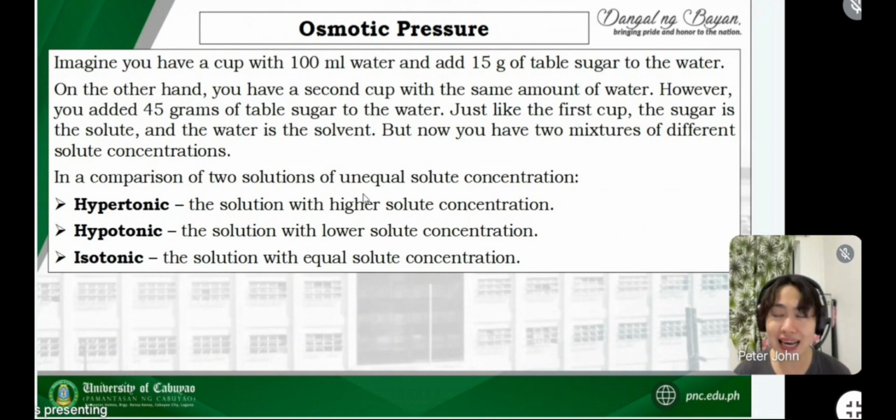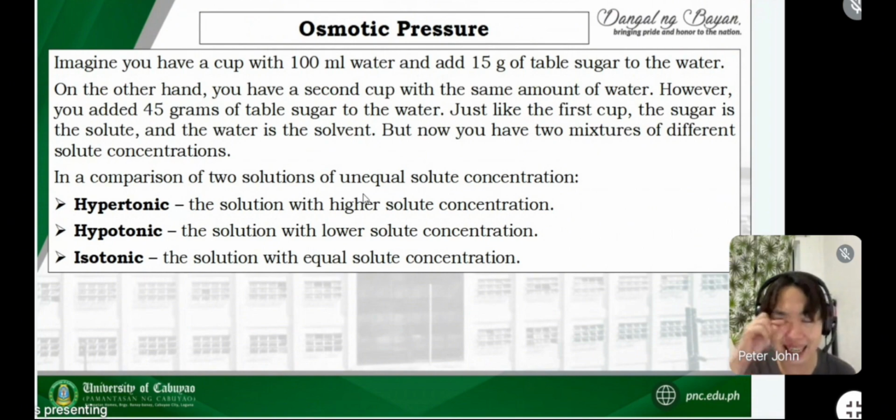Example natin nga sa cell. Ibig sabihin nito, in a hypertonic solution, there is a tendency that yung tubig sa labas ng cell is less yung concentration. Kasi nga, yung target lang natin lagi dito is that yung movement is from less concentrated area into more concentrated area.